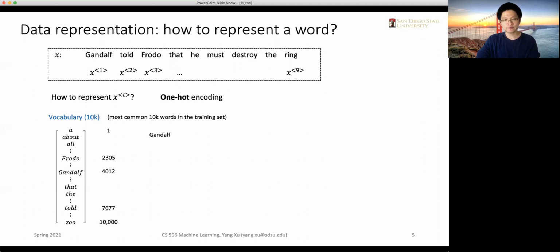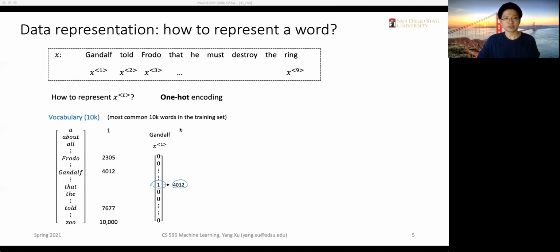So Gandalf can be represented by a very long vector of 0s and 1s. The special thing is that there is only one 1 in that long vector, and that 1 is at the position of the 4,012th element.